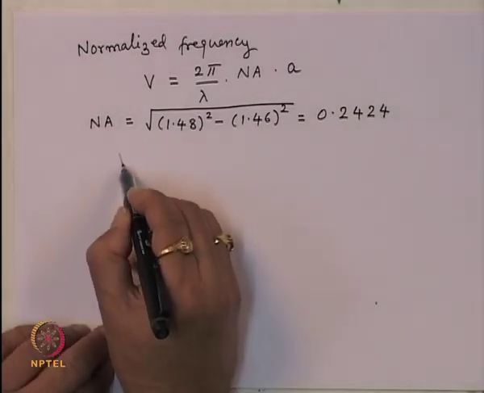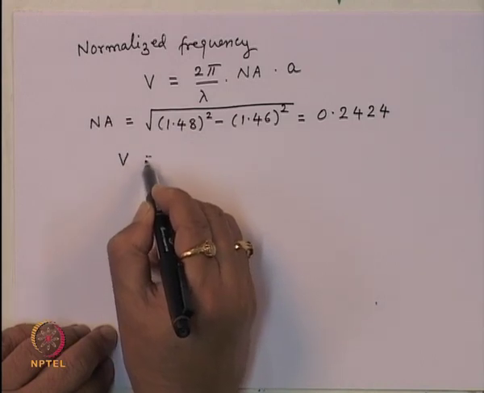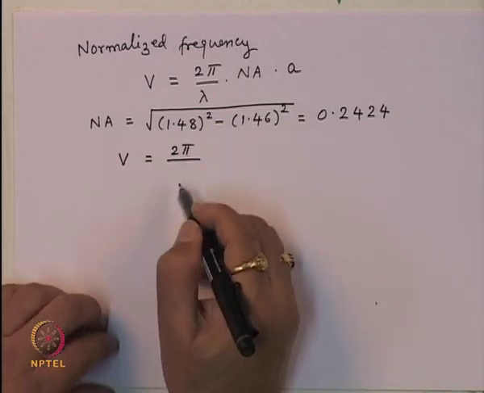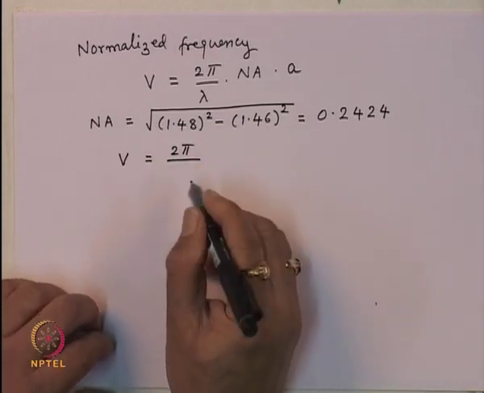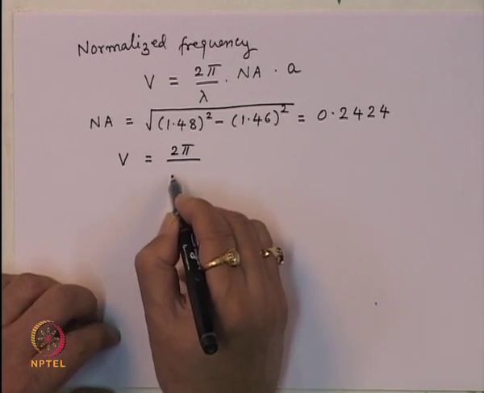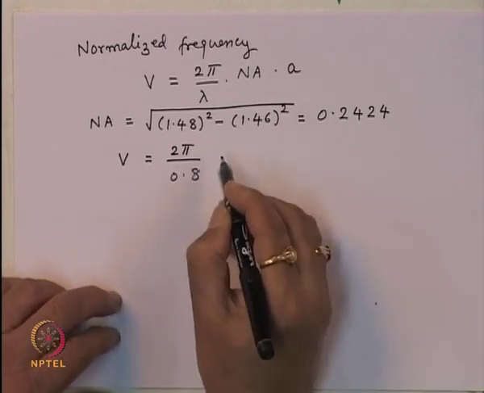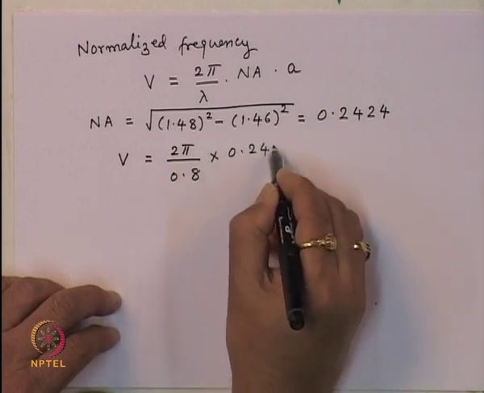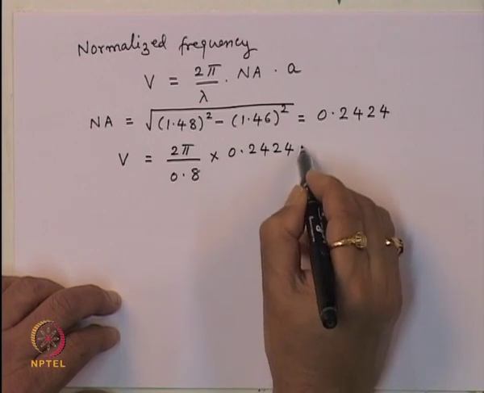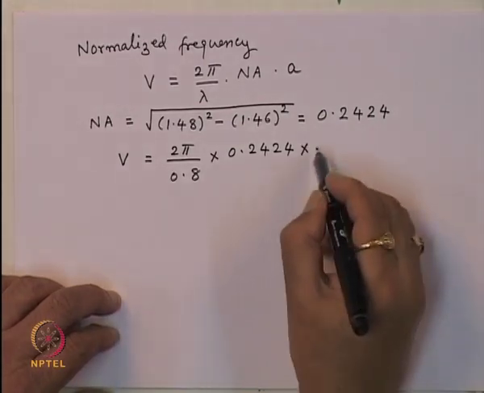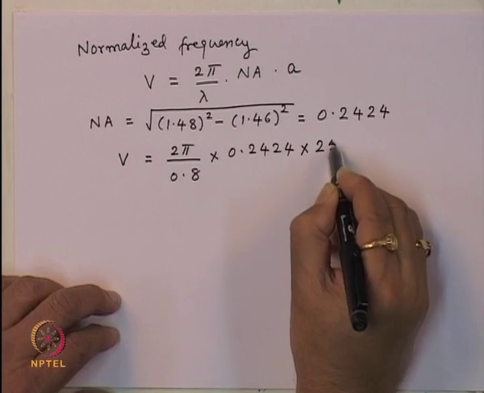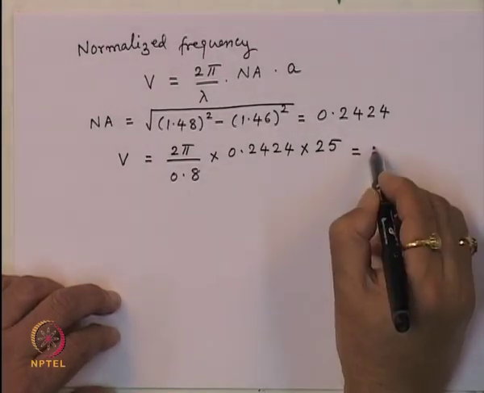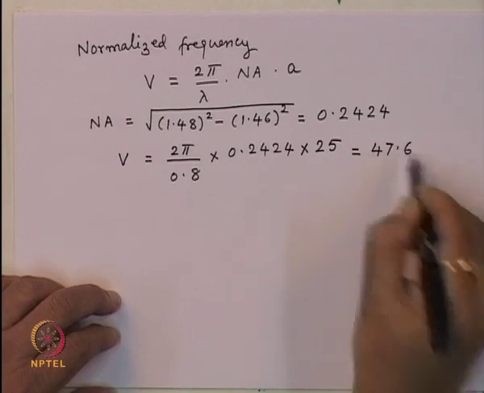So, the V number for this optical fiber is 2 pi divided by lambda, and in this problem lambda is given as 0.8 micrometers, multiplied by the numerical aperture, which is 0.2424, multiplied by the radius of the optical fiber, which is 25 micrometer. So, this gives the V number as 47.6.